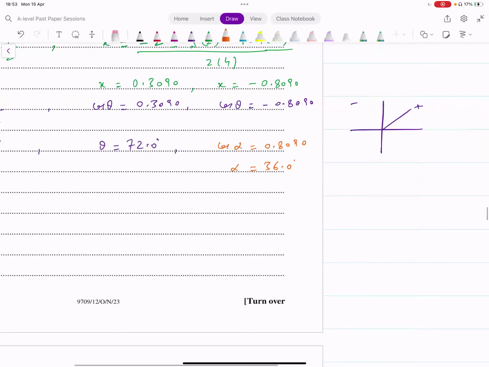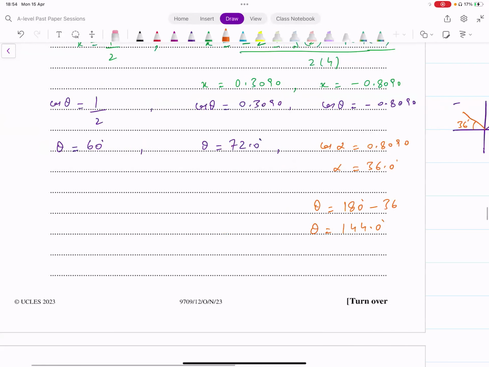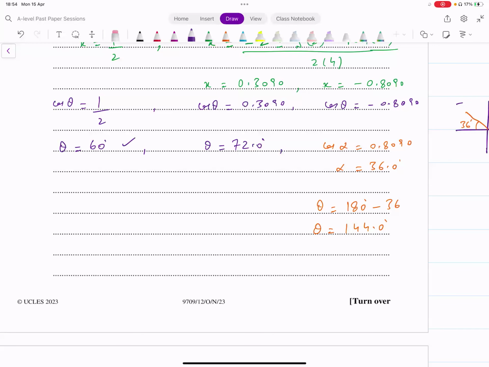And then you see the angle is in the second quadrant here. So what's the value of theta that you get? 180 minus 36. And that is 144.0 degrees. These are the three possible answers that we get. We get 60, 72, and 144.0 degrees.